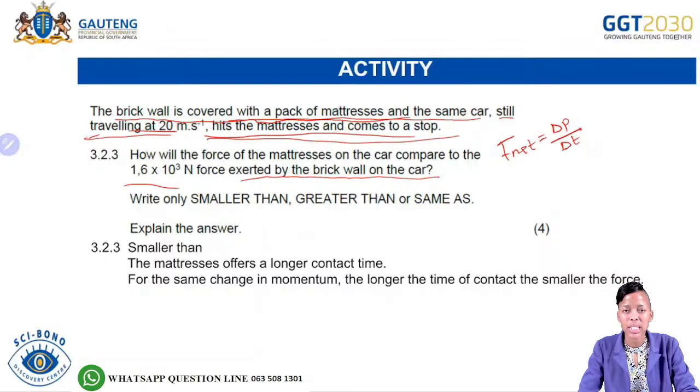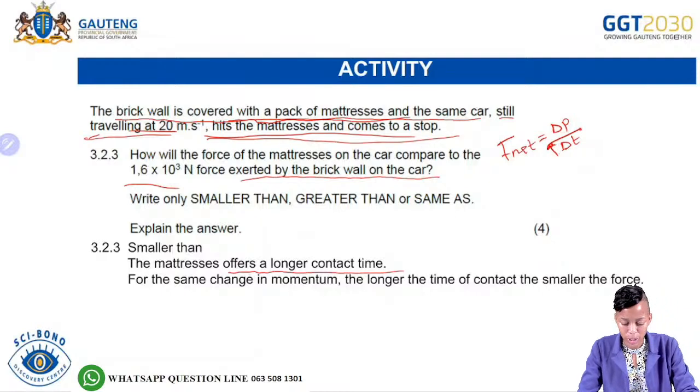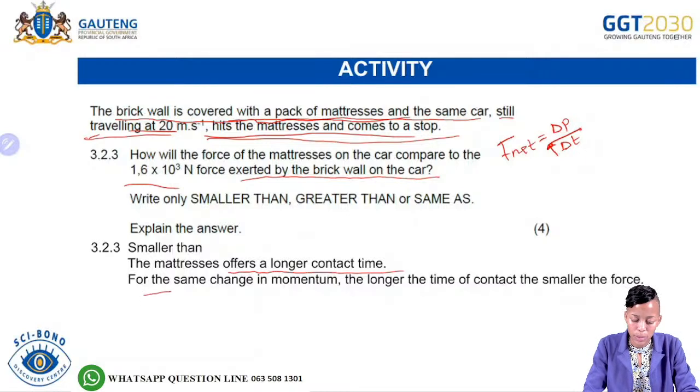So these mattresses, what are they going to do? The mattresses offer a longer contact time. So with a longer contact time, there will be an increase in the change in time. And then for the same what? For the same change in momentum. So the change in momentum here is not going to change.